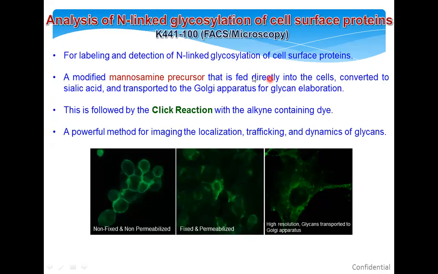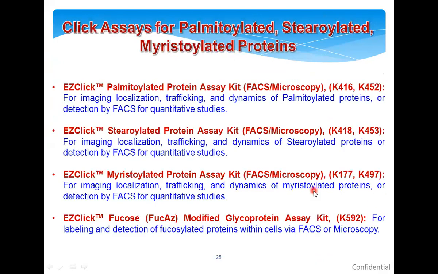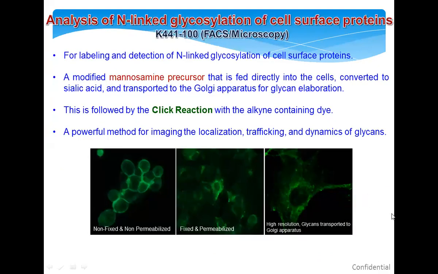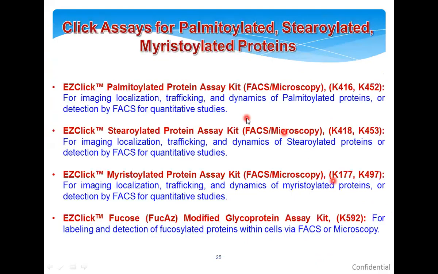Once the mannosamine precursor is fed into the cells, it's converted to sialic acid and transported to Golgi. Here is a high-resolution image where you see the glycans transported to the Golgi apparatus. This shows how easy it is to study glycans using our click chemistry based reaction.